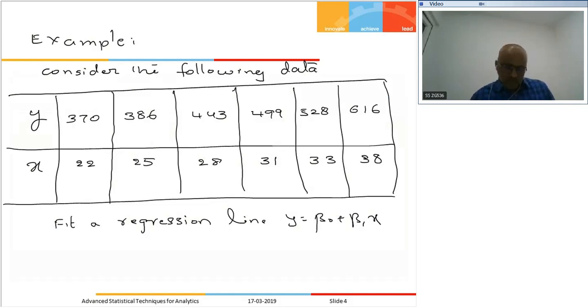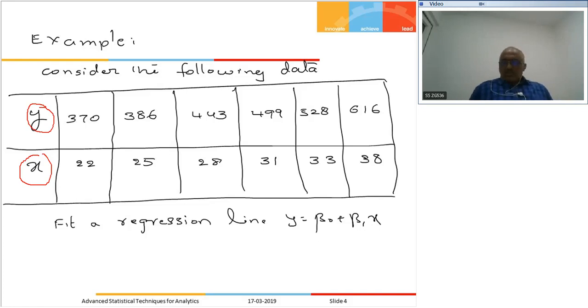Now, simple mathematical way of doing the thing. Suppose some data is given like this, where x, the independent variable, is given, and y, the dependent variable, is given. We need to find the relation between x and y, where x is the independent variable, and y is the variable which depends on x.